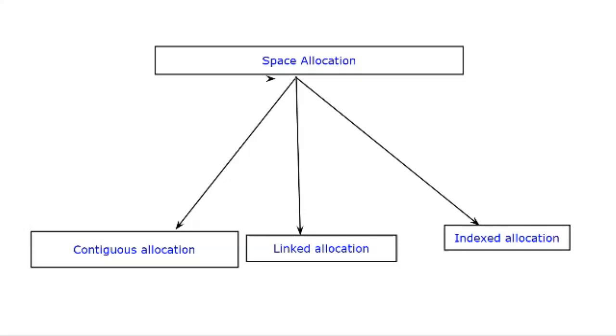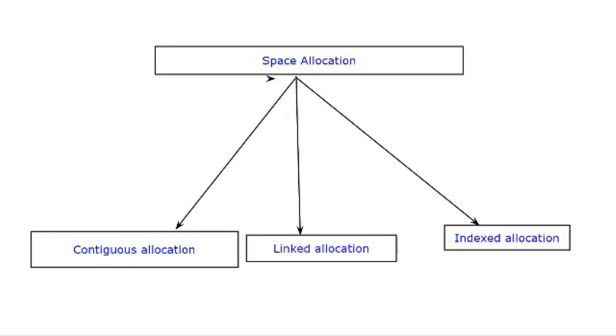Can anybody tell me anything about these allocations? Any property, any characteristics? When we are talking about space allocation, we can say that files are allocated disk space by the operating system. The operating system deploys the following three main ways to allocate disk space to files: contiguous allocation, linked allocation, and indexed allocation.